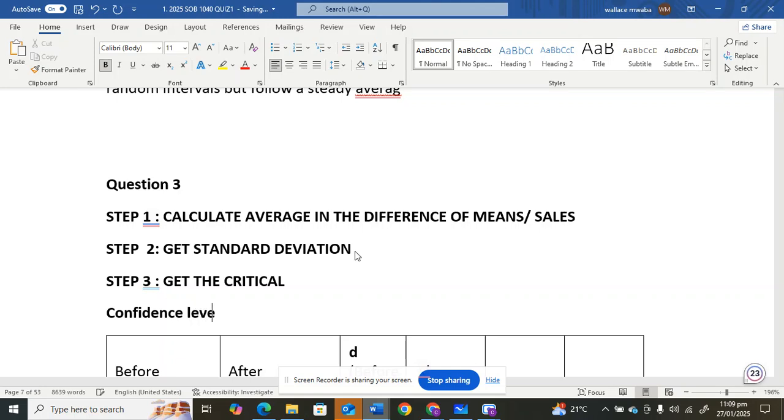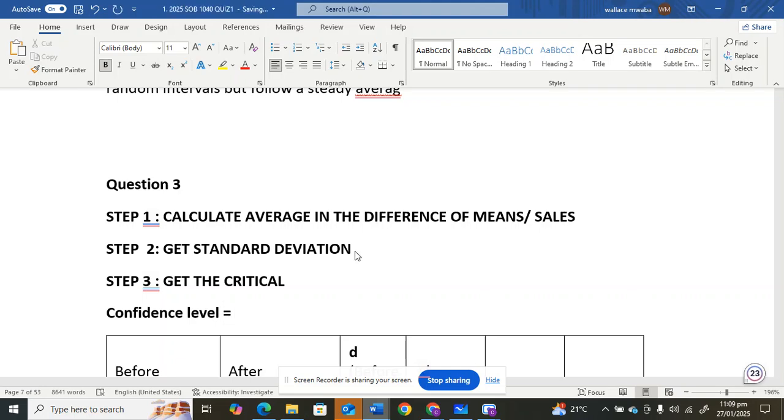It will always be given to you in the question, but in real life, it's you who has to choose your own confidence level. Basically, how sure you are. If you've got a 99.9% confidence level, it means you are very sure. It means if you conduct the test 100 times, 99.9 times, you'll be getting your values or your hypothesis.